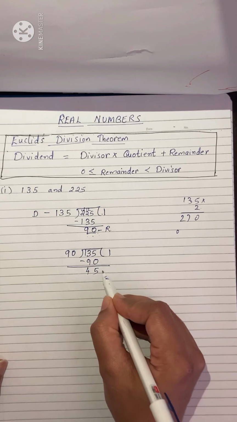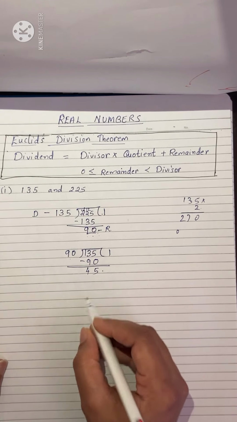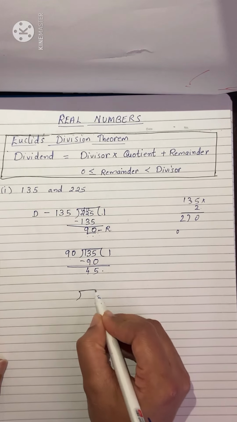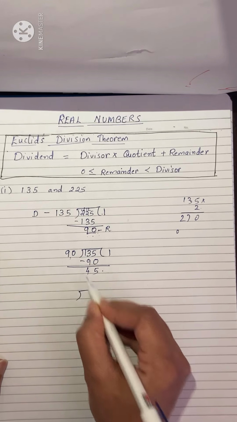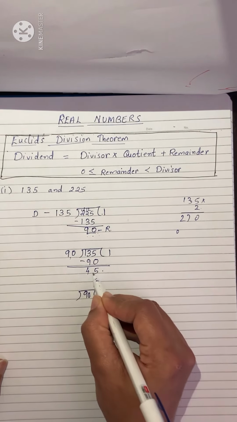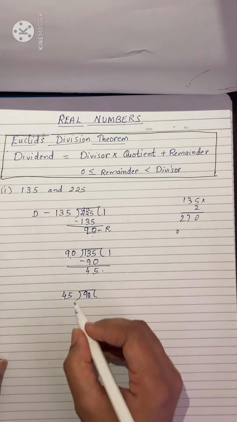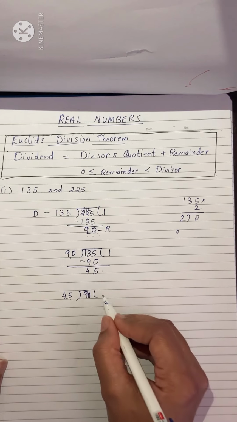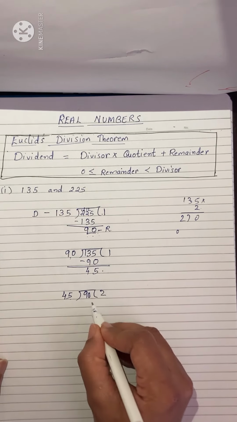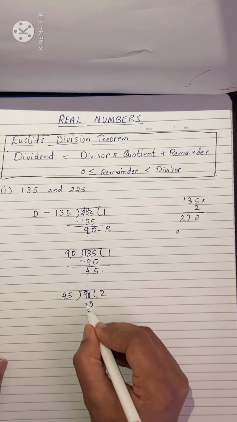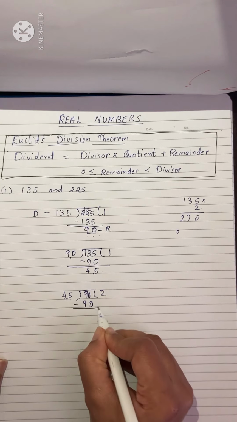Here again the remainder is not equal to 0. Here the remainder is 45. So we have to do the division again. Take 90 as the dividend and 45 as the divisor. We know that 45 into 2, 5 2s are 10, 4 2s are 8, plus 1 9.